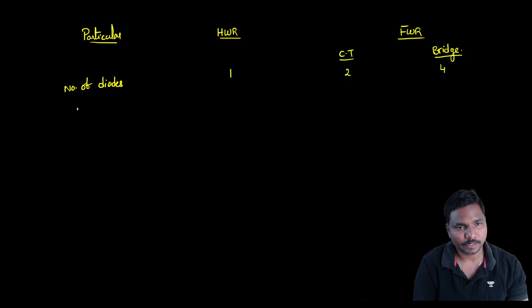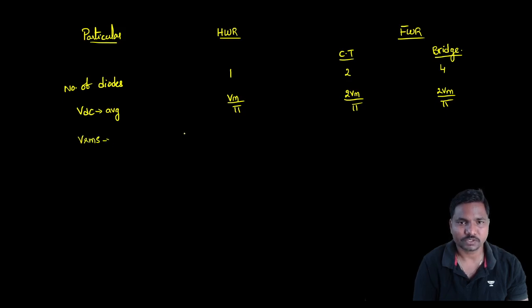And VDC or average value: for half wave it is Vm by pi, here 2 Vm by pi, and here 2 Vm by pi. And RMS value: Vm by 2, here Vm by root 2, and Vm by root 2 again.